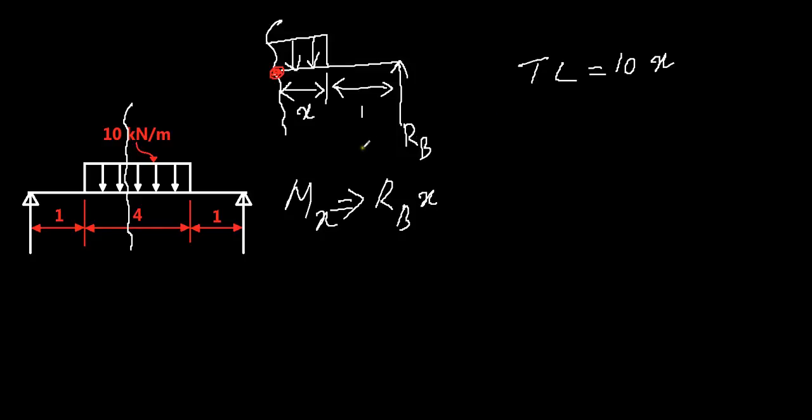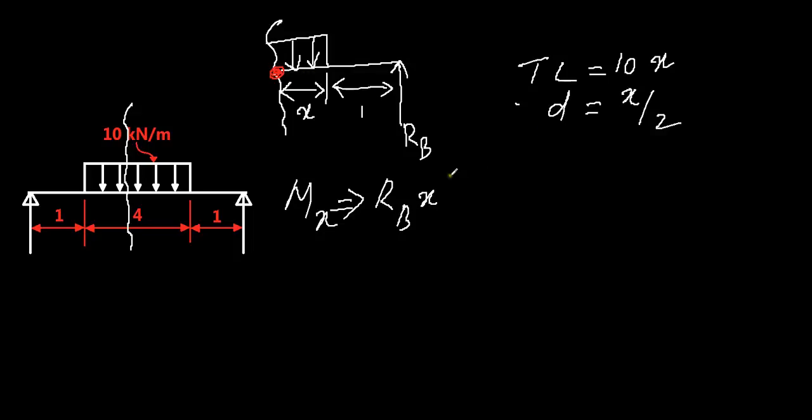And again, for the purpose of calculation, we can assume this as a point load acting at the midspan. So the distance of the point load from this point, the distance d, will be x by 2, because the 10x, the total load, will be acting at the midspan of the x, and that's why you have x by 2 from this point.